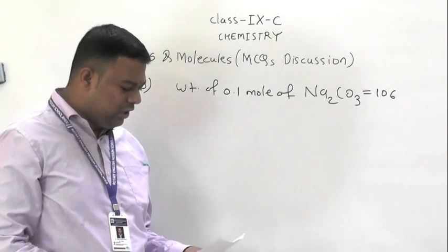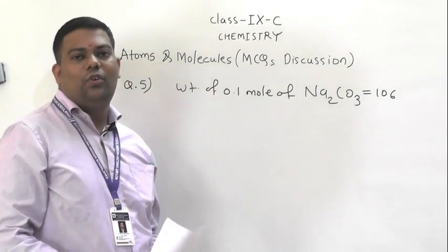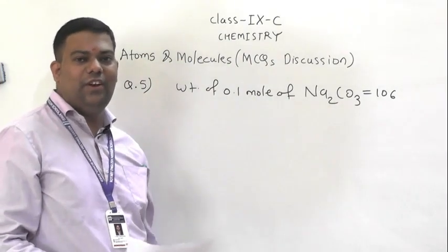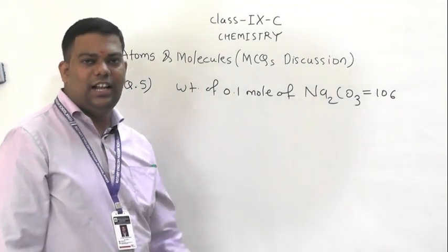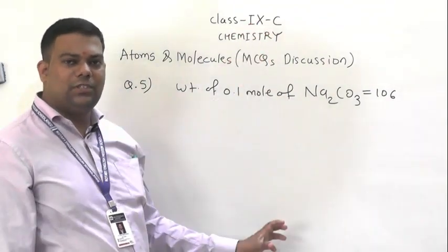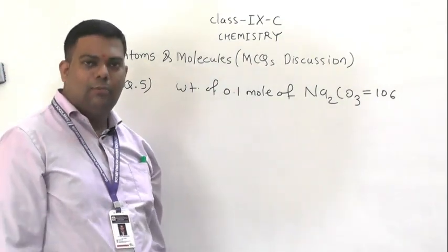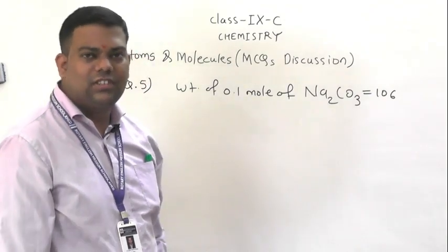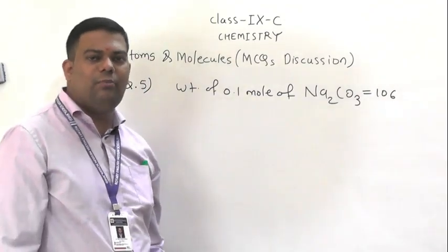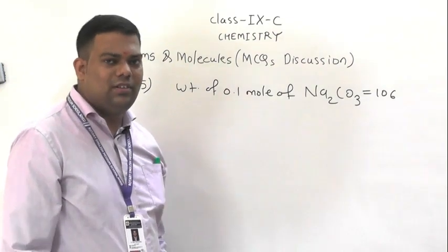Okay. So see here, calculate the weight of 0.1 mole. So 0.1 mole they already gave and we want the weight. As you know our chart, in that number of moles, then weight of substance, then number of atoms, number of molecules, number of ions. Okay, we are calculating by multiplying with Avogadro number.